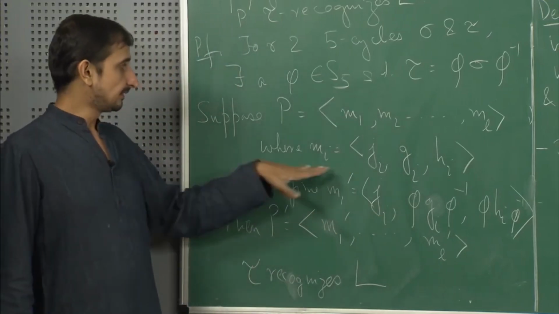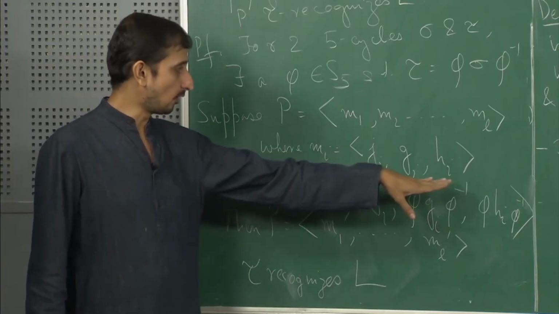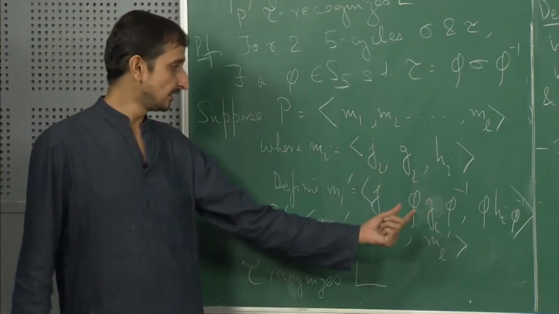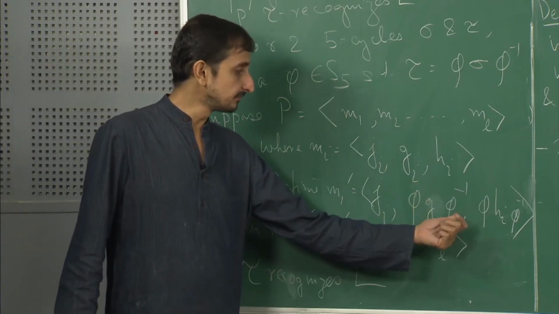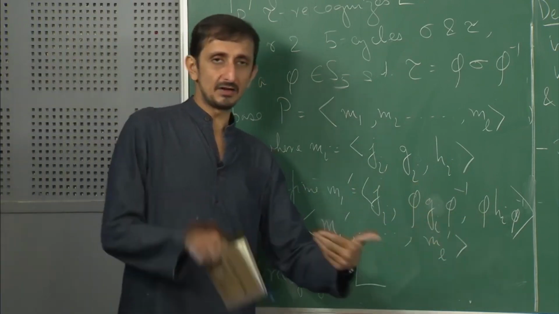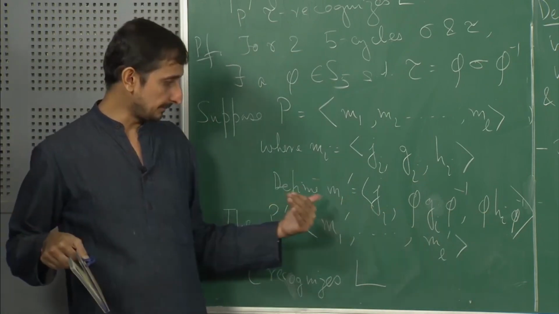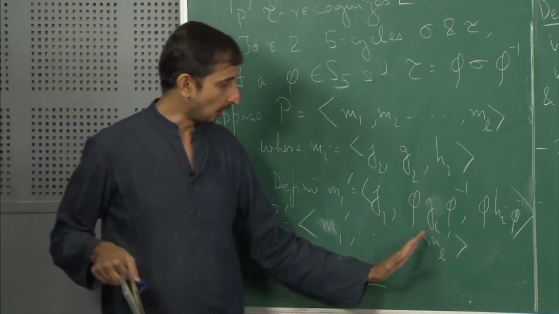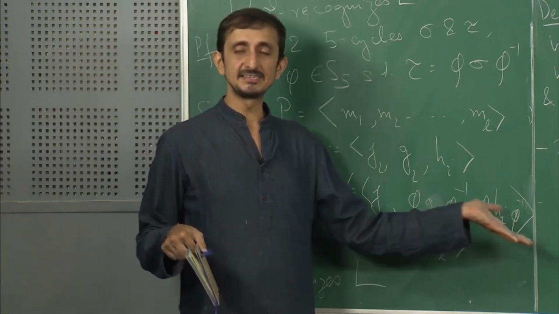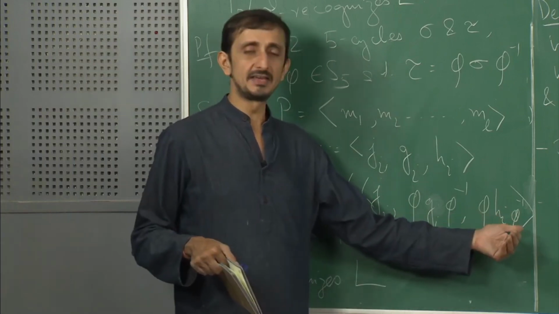So if I look at the product of all these permutations, the phi inverse and phi of two adjacent permutations will cancel off. Finally, what I would be remaining with is phi, the product of all these Gi's and Hi's, whatever they are, phi inverse.